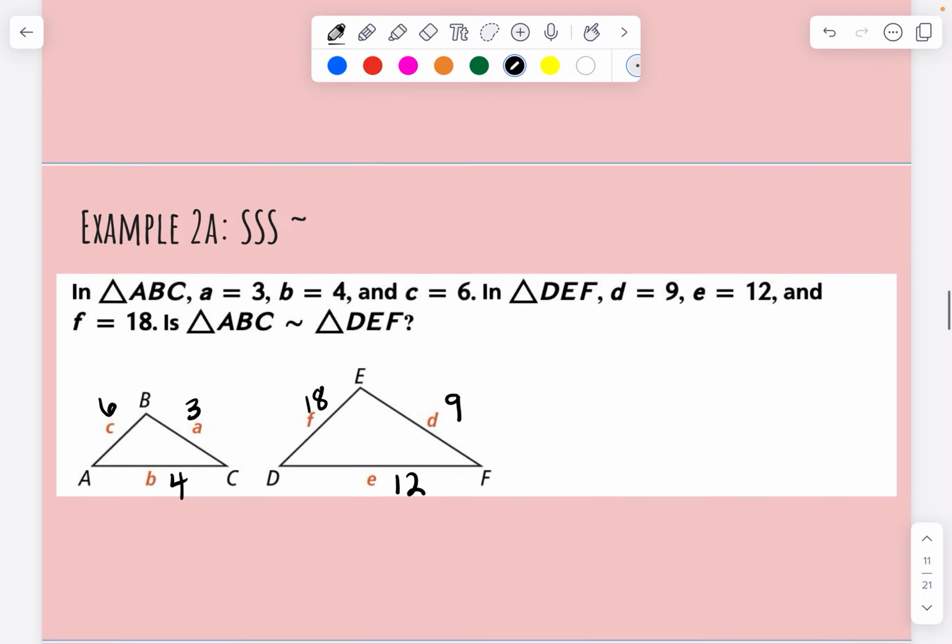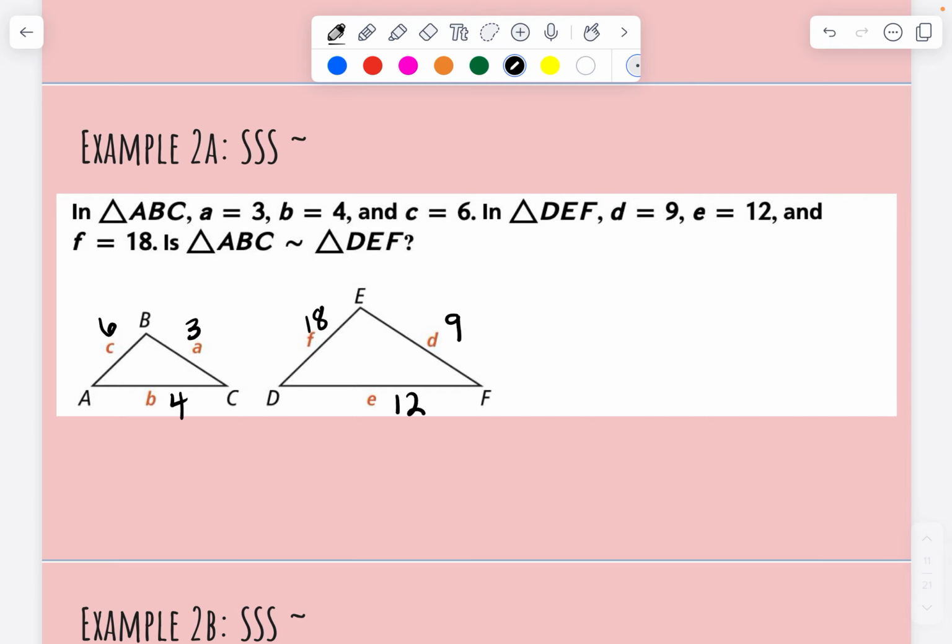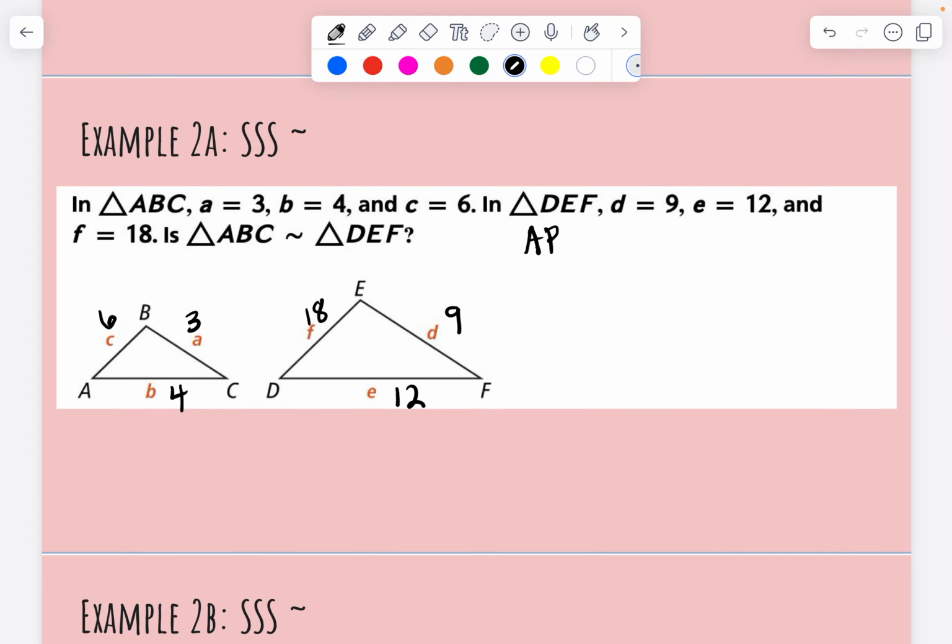So let me match up the sides here according to the order that this is in. So we'd have to say AB over DE equals BC over EF equals AC over DF. So if they were similar, that would be true. So let's plug in the numbers and see if it's true.